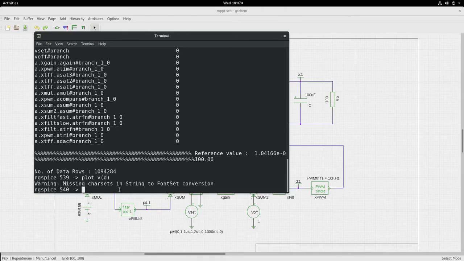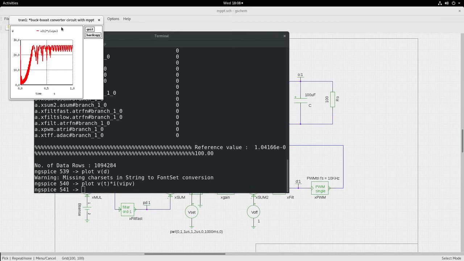We could also plot VT, the terminal voltage, into the PV current, that is V(T) times I(PV). This is the power that is drawn from the PV panel.